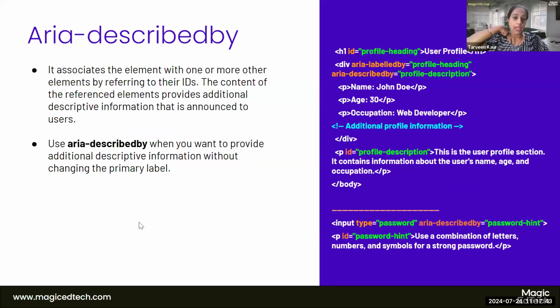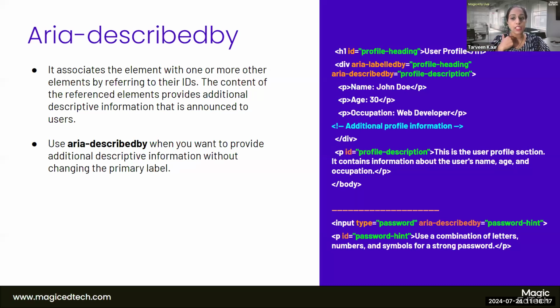ARIA described by. Now, as I already mentioned about ARIA described by, it helps you give information on an element where you want to detail it out with an additional description of why it is important and why we are planning to detail it out. For example, again, we'll pick up the same example we picked up last, that there is a user profile item. We have used ARIA labeled as profile heading, but I want to describe the profile description.